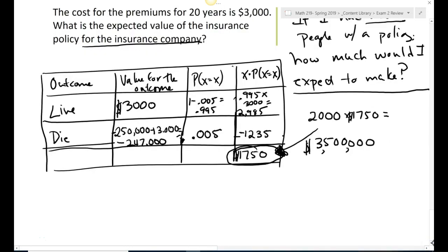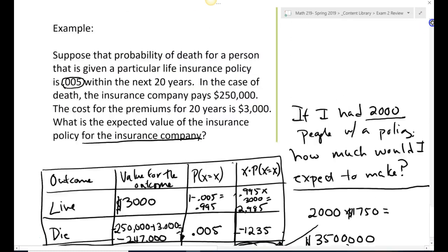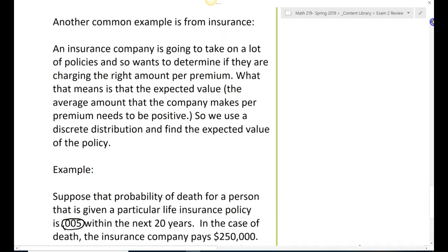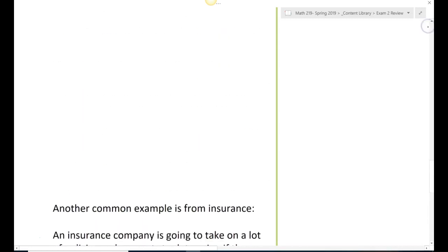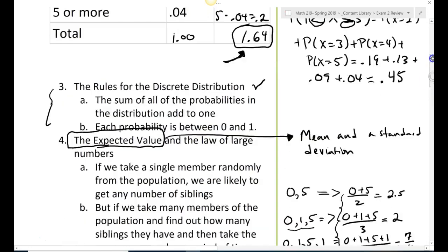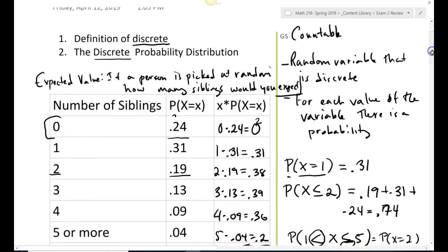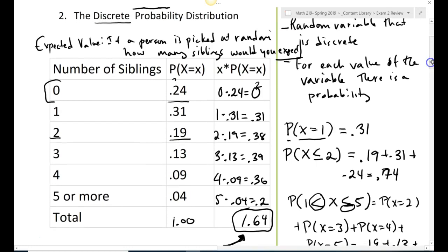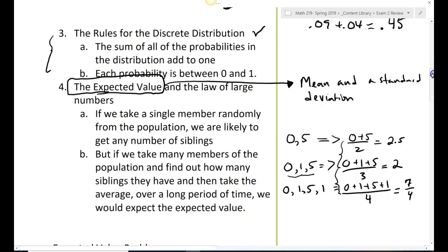All right, cool. So with that stated, we've got what we need to know about discrete distributions, expected value, and the law of large numbers. Essentially, we're looking at distributions that are generated for you, or that are relatively simple and that you have to generate yourself.